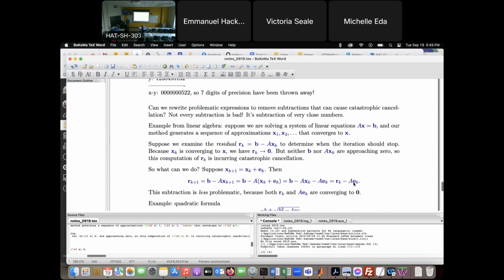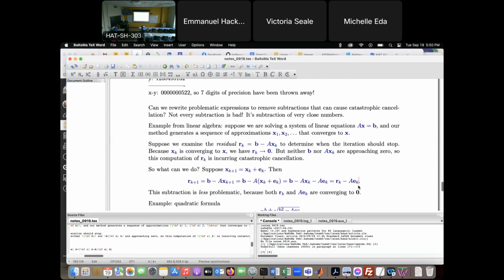So you might think, oh, we just replaced one subtraction with another. Why should that matter? It matters a great deal. Because rk is converging to 0. ek is the error. That's converging to 0 also. So both vectors involved are converging to 0. So now, instead of subtracting two large vectors and getting a small vector, you're subtracting two small vectors and getting another small vector.